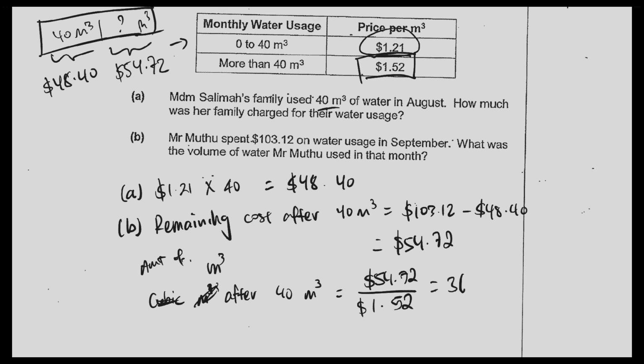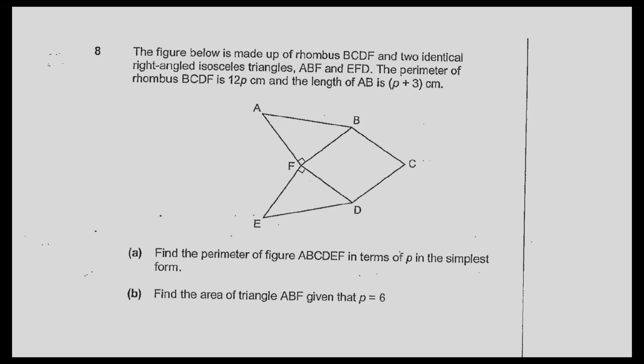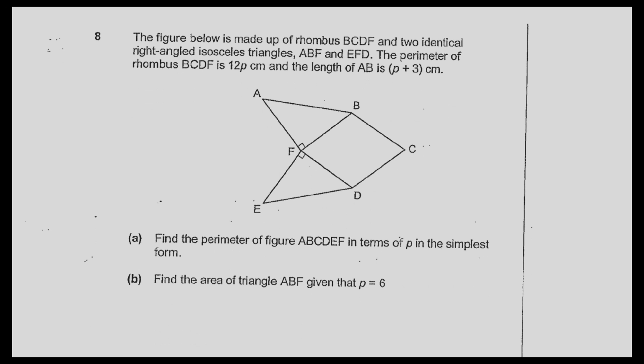We'll get 36. So total volume of water is just 40 cubic meters plus 36 cubic meters, which is 76 cubic meters. Done.